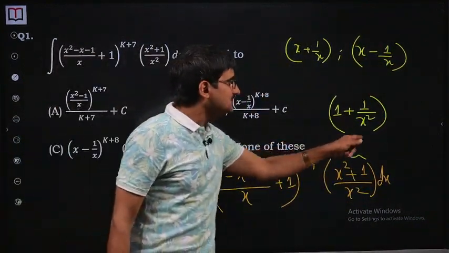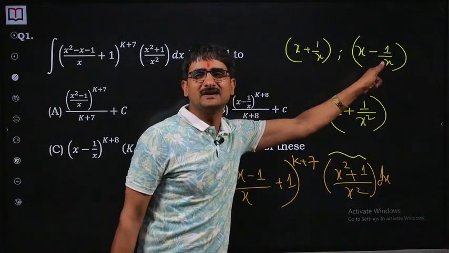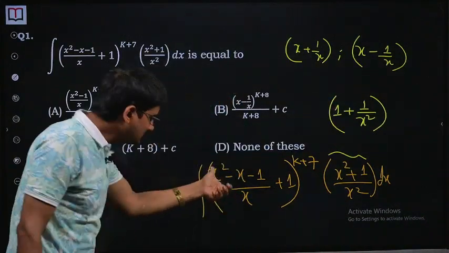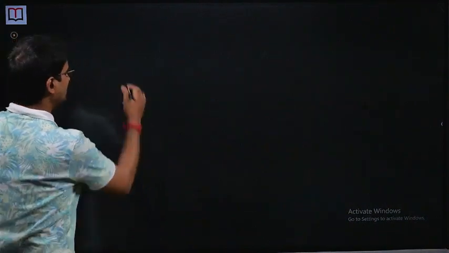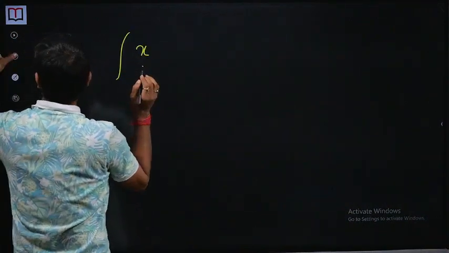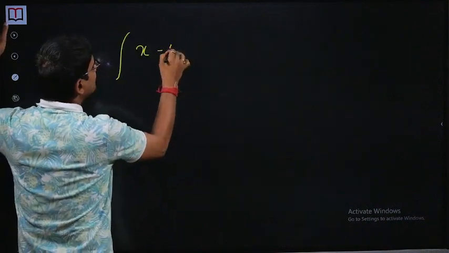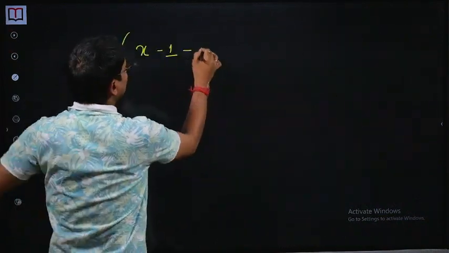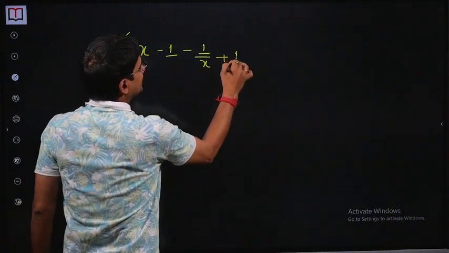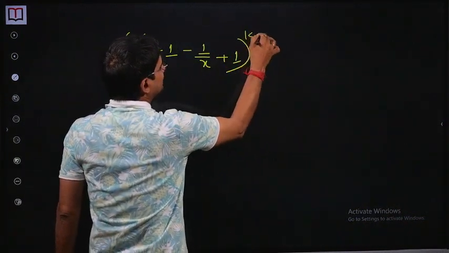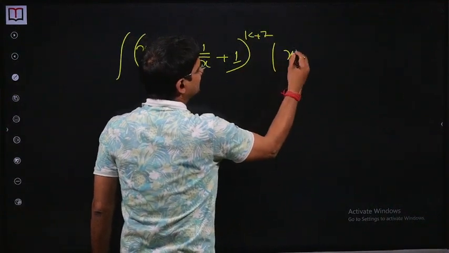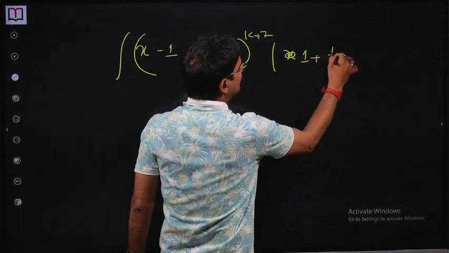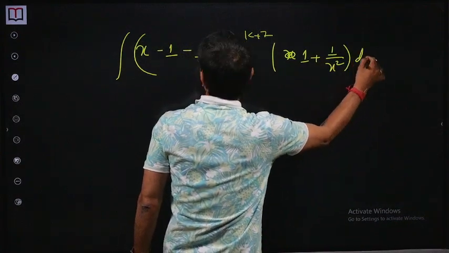So this is the derivative of x minus 1 by x. Now try to rewrite this and simplify it. So what will we get here? We will get x, then minus 1, then minus 1 by x, and we are done, to the power x plus 7, into 1 plus 1 by x square, and that's it, integral.